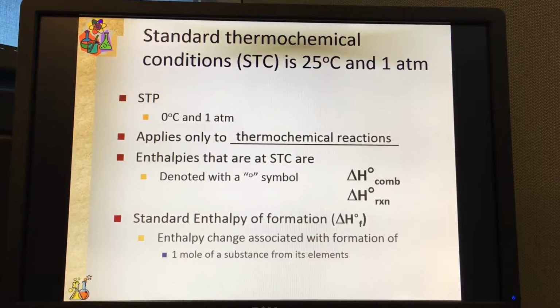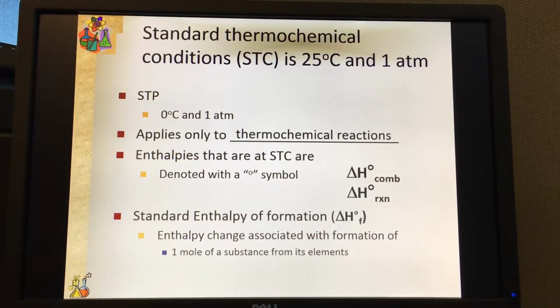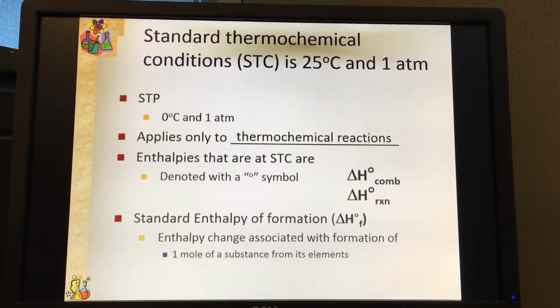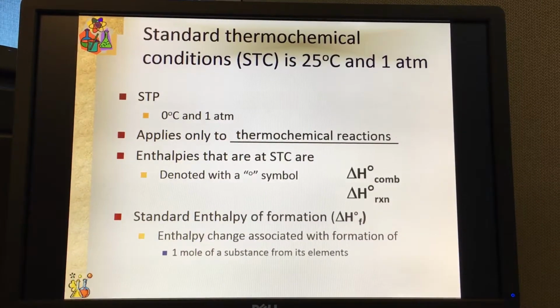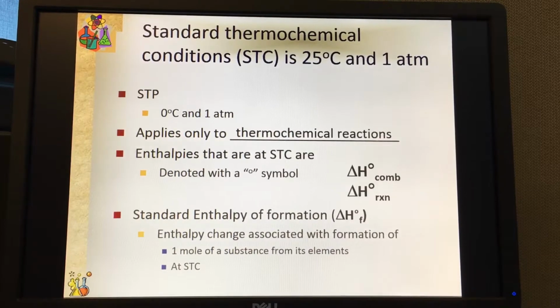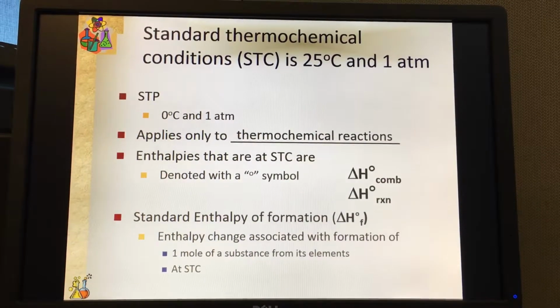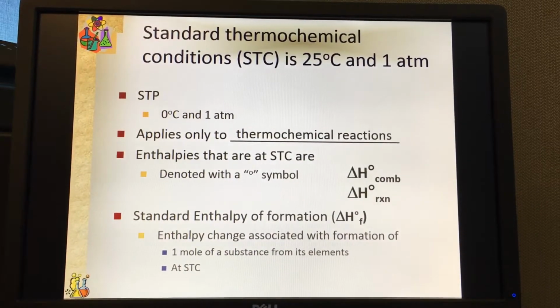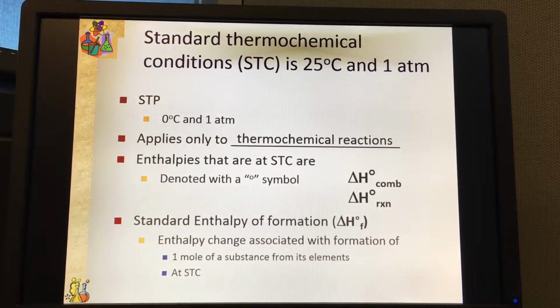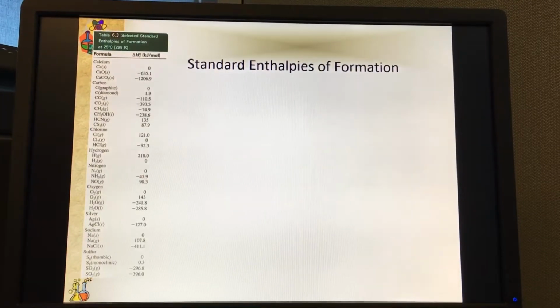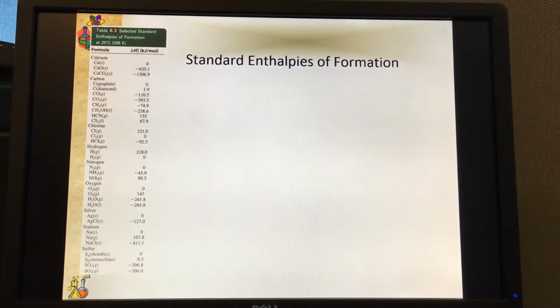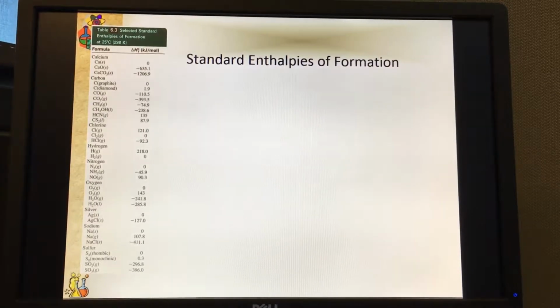Enthalpy of formation is the energy associated with 1 mole of a substance being formed from its pure elements at standard temperature and at standard thermochemical conditions, STC. Here's a list of standard enthalpies of formation for many different substances.